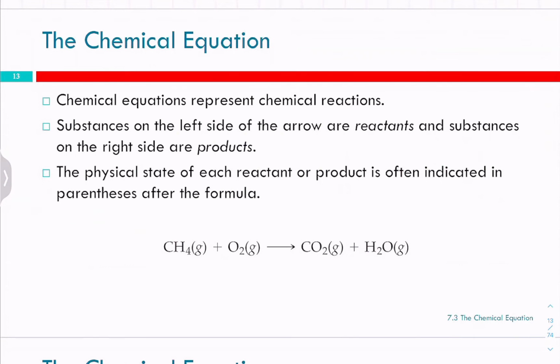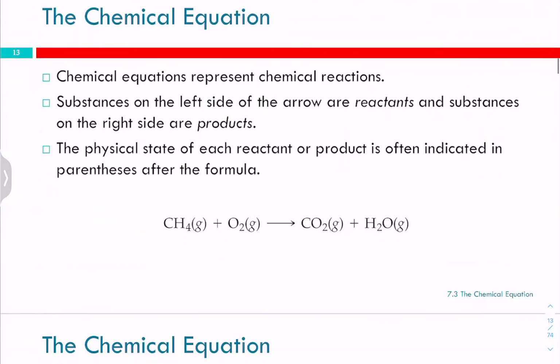The left side is what you're starting with. Those are your reactants. And then the right side is what's being produced. Those are the products. And then, this question was asked about earlier, we've seen a lot of stuff where it's aqueous, so it'll be AQ in parentheses. But G represents gases. We'll have that on the next slide.